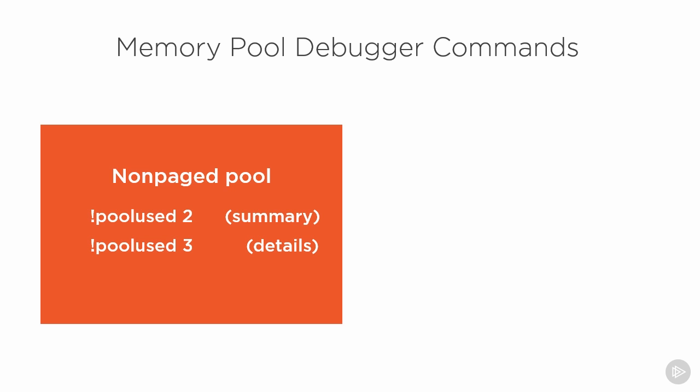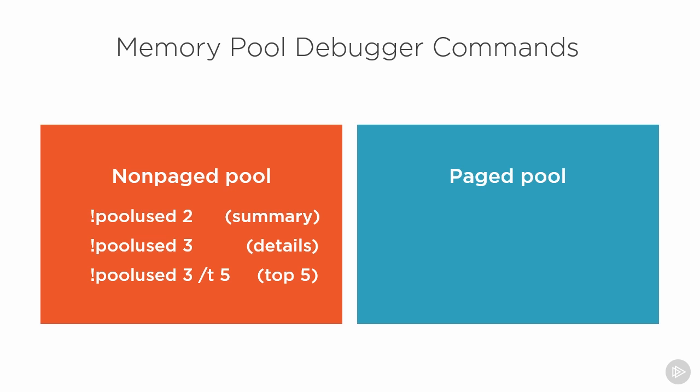You can then issue the command !poolused 3 to get more details, such as the corresponding frees of allocations and the differences. Finally, there's an undocumented switch on the !poolused command that'll show you the top pool users. In this case, I'm doing a !poolused 3 /t 5 to show me the top 5 non-paged pool consumers.